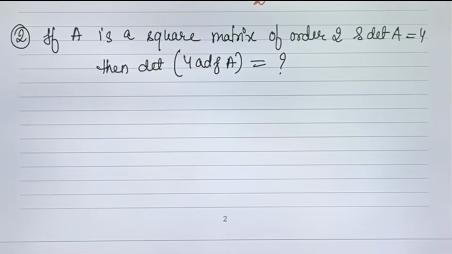If A is a square matrix of order 2, then det of A is given 4.